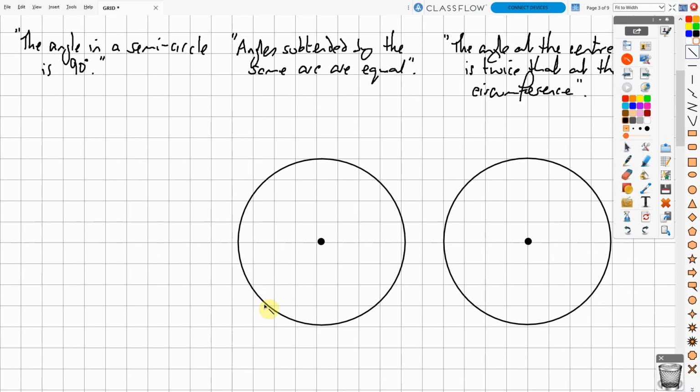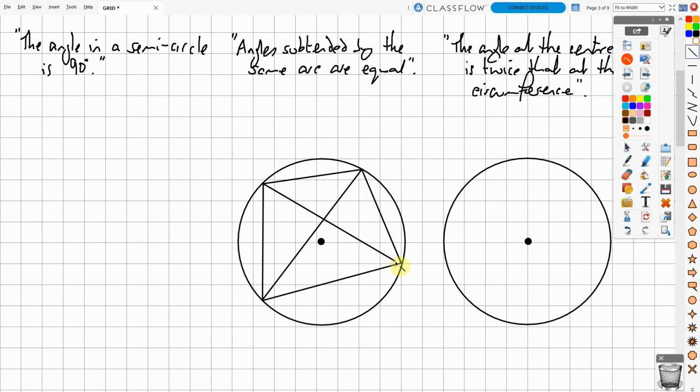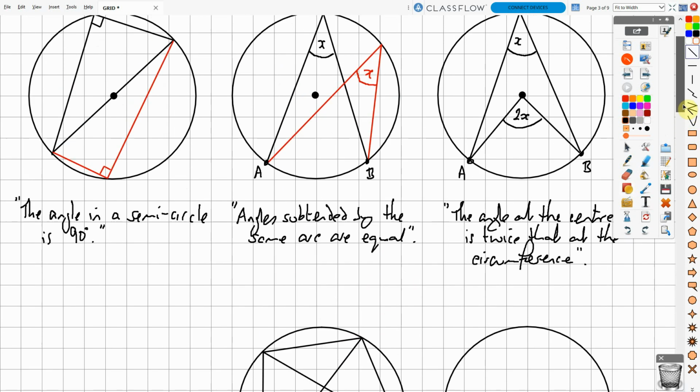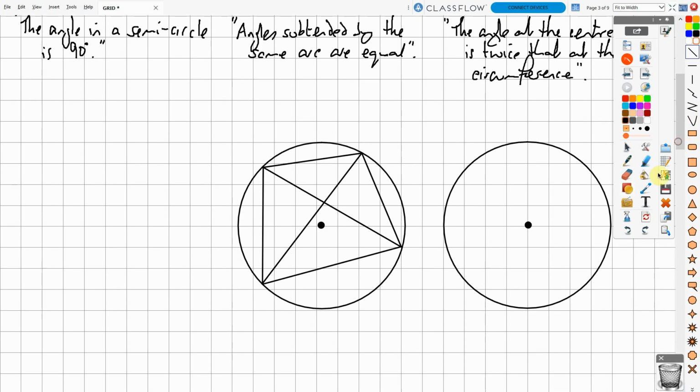Now, if I draw in a more complicated shape, let's put a quadrilateral in. Let's draw in some lines here. Because of the extra lines, it is not so clear that some of this is going on as well.